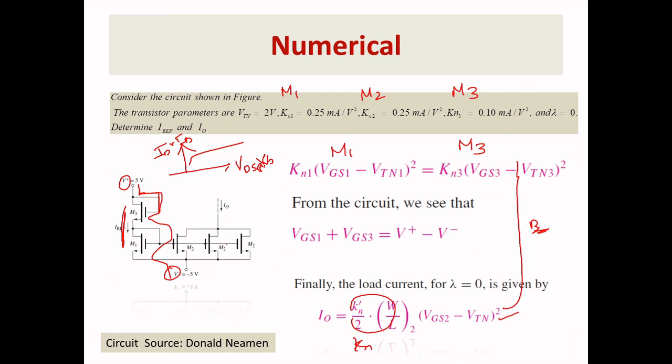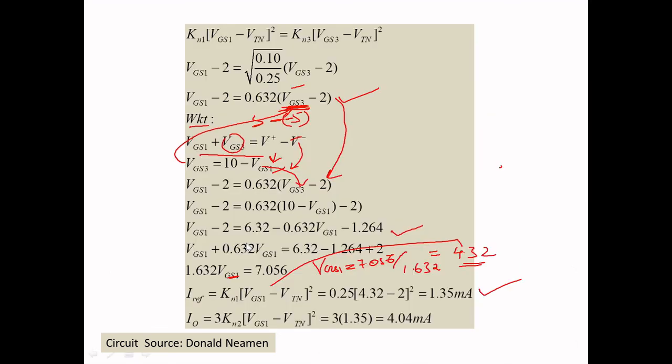I0 will be 3 times your IREF current because you have 3 transistors. So your final output will be I0 equal to 3 into your IREF current. So that is 3 into 1.35, it gives 4.04 milliamps.